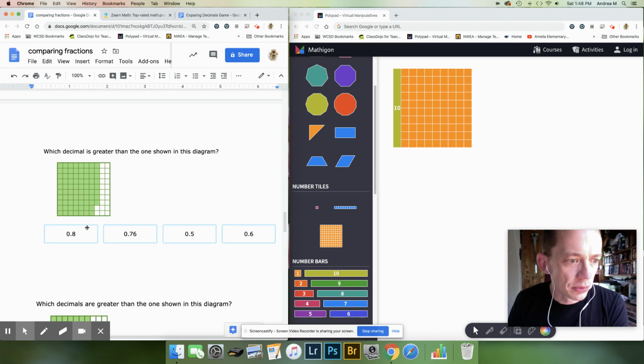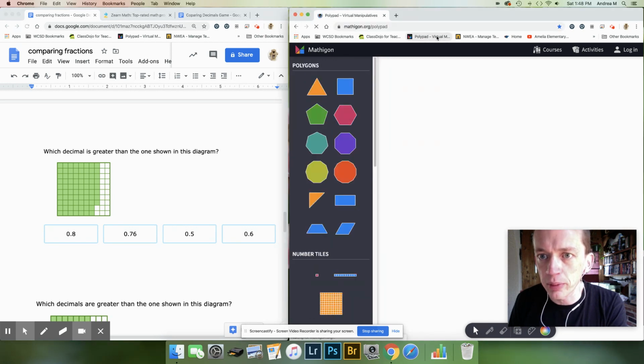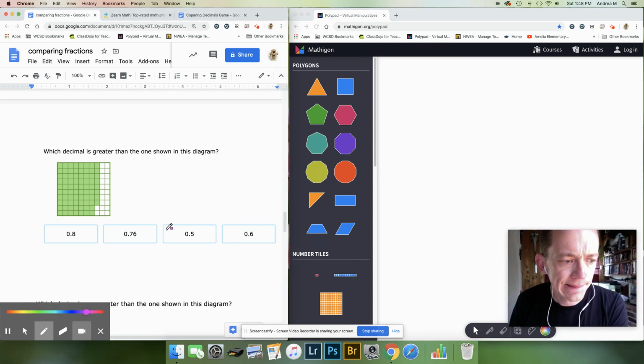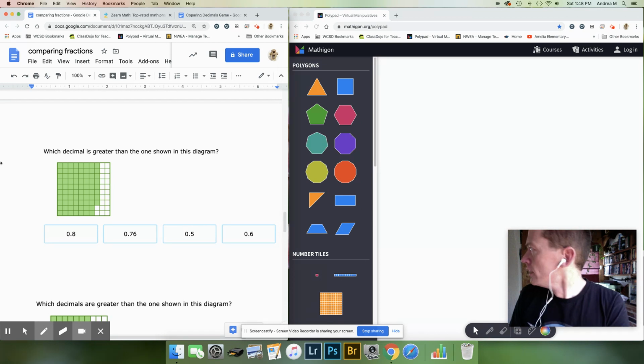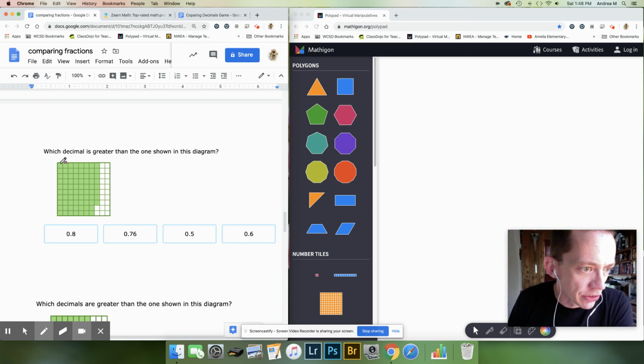All right, let's take a look at this one here. Which decimal is greater than the one that is shown in this diagram? So this is just another way to see how to compare them. Take a look at that one. What do you think about it? All right, so I want to know what decimal I'm working with right now. So I'm going to count. I have 10, 20, 30, 40, 50, 60, 70.